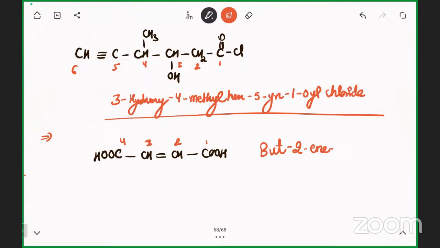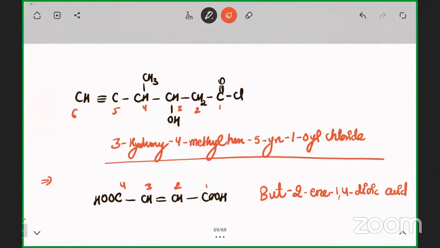Then on the first and fourth position, we have COOH group. For the COOH group, we use oic acid. Since we have two COOH, I'll use dioic, then acid. Butene-1,4-dioic acid. Clear? Yes, sir.